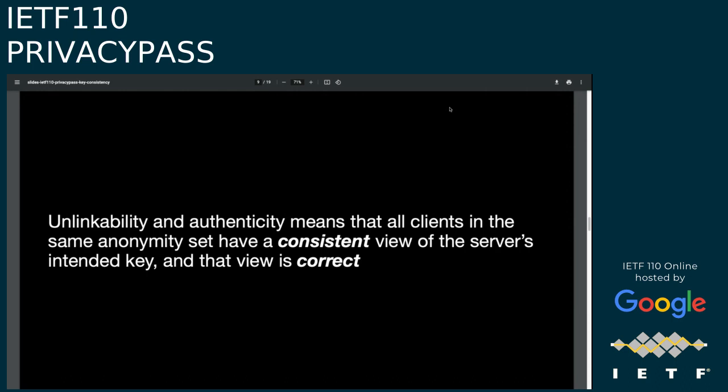We say in this case that all clients in the same set have a consistent view of this key. So the task at hand is to see if we can build systems and protocols, or what are the properties of systems and protocols that allow us to get consistency and correctness of these keys.